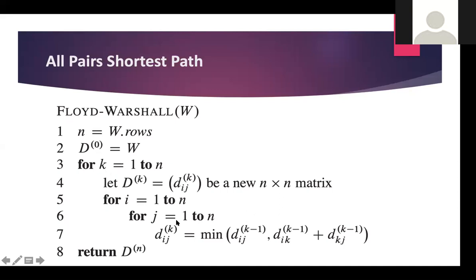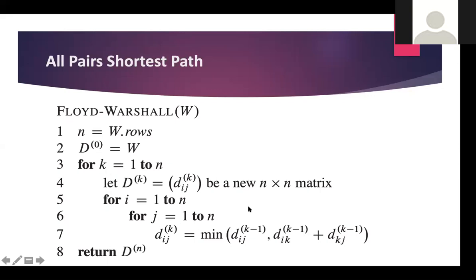Without that, you won't be able to compute the answers for iteration k, and therefore it builds one on top of the other and refines the answers as we go along. And that's another important feature of dynamic programming that I wanted to mention here.